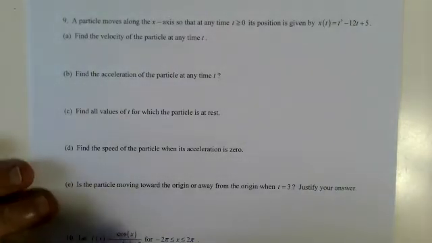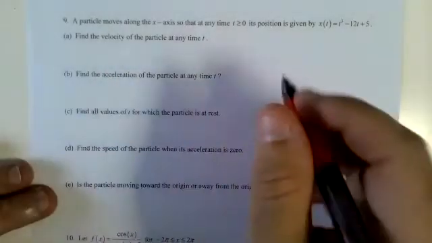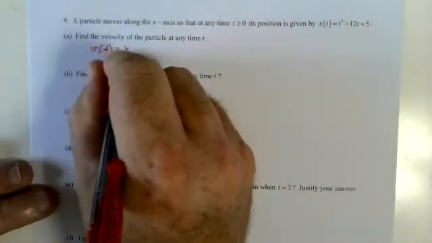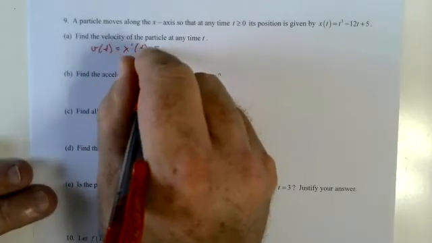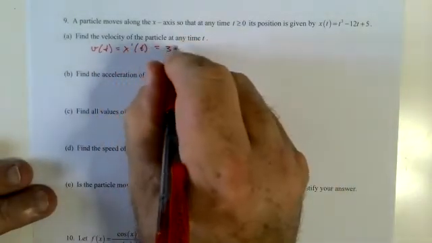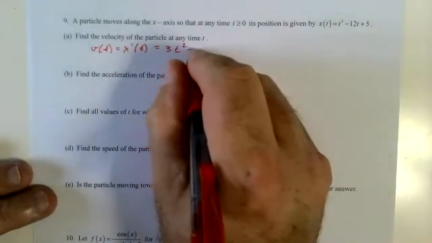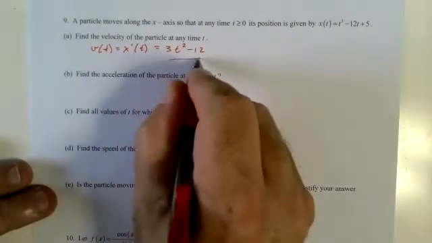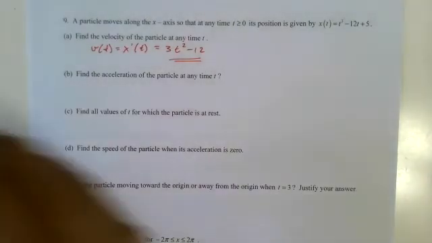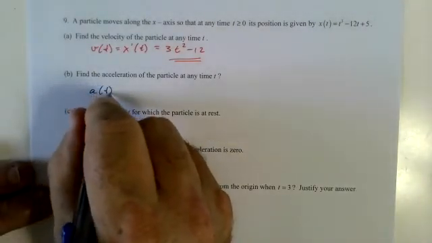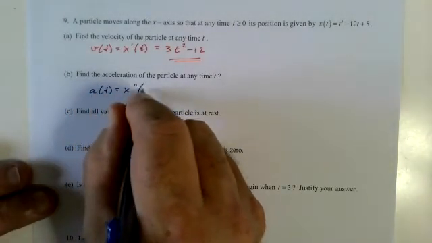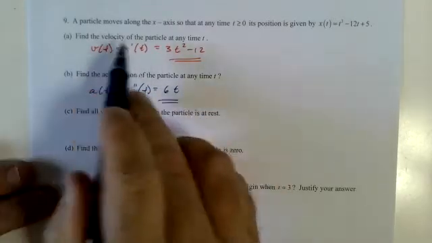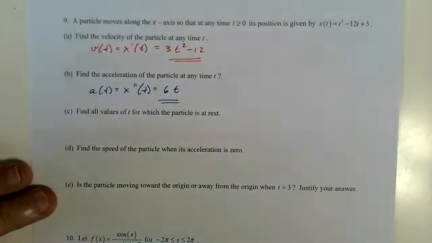Particle moves, position given, find velocity. They give us x of t this time, just to keep us on our toes. There it is. Acceleration. No units.